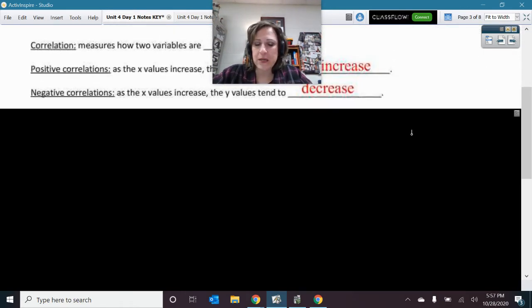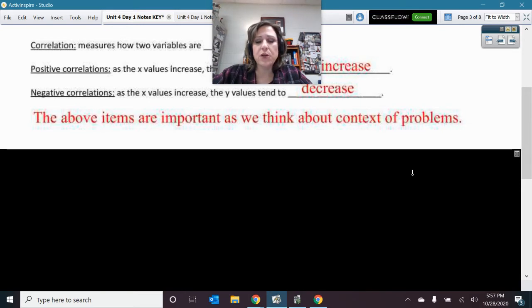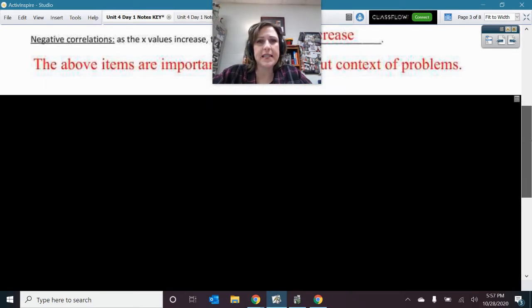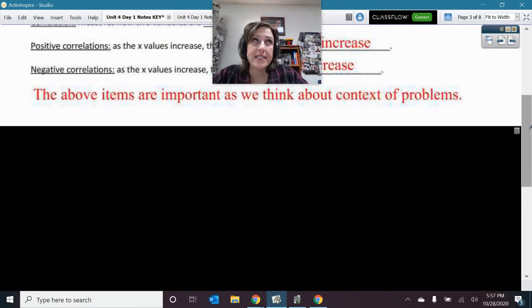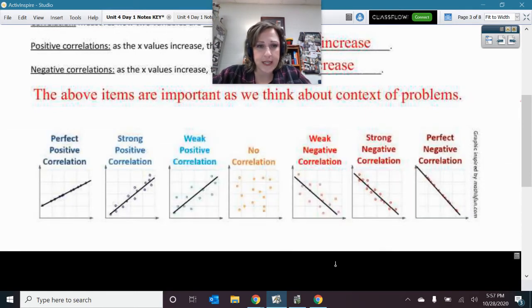So those are important to think about: as one item increases, the other is increasing. I've seen AP questions where they ask you to describe the relationship in the context of the problem, so you had to say, as your height is increasing, your shoe size is increasing, or that kind of thing.